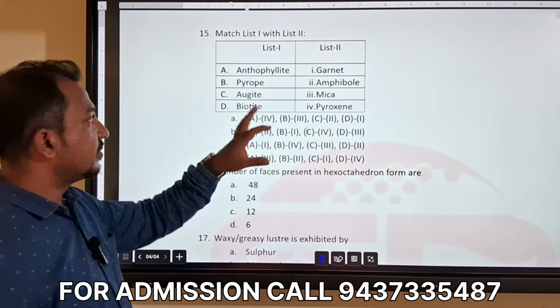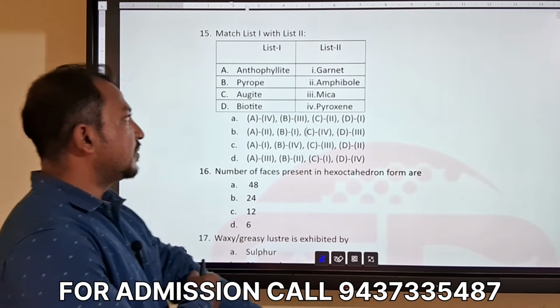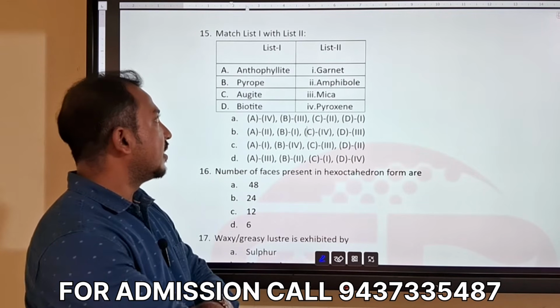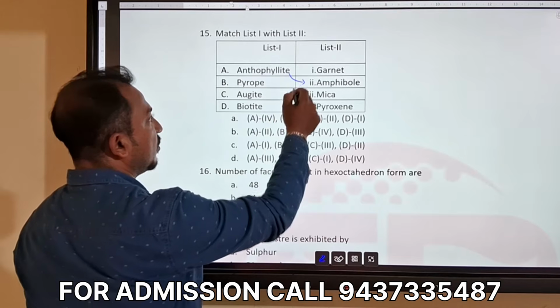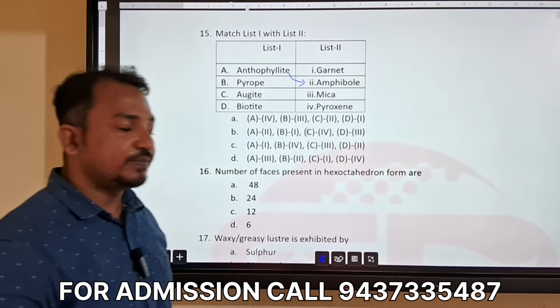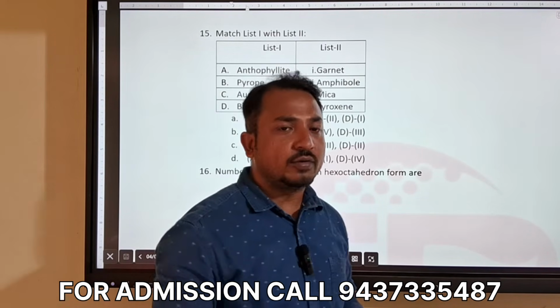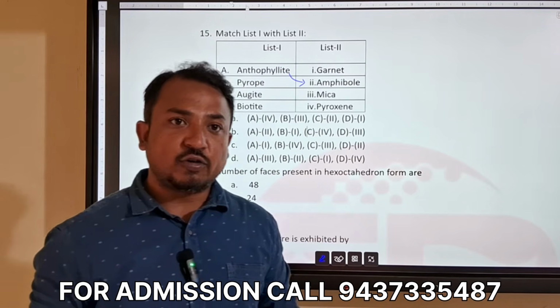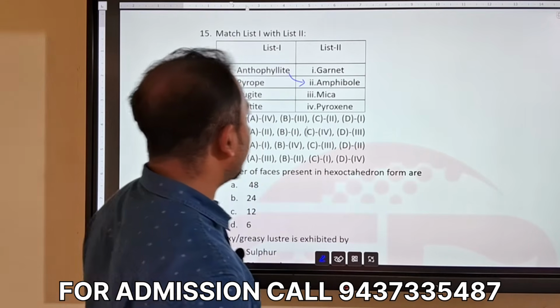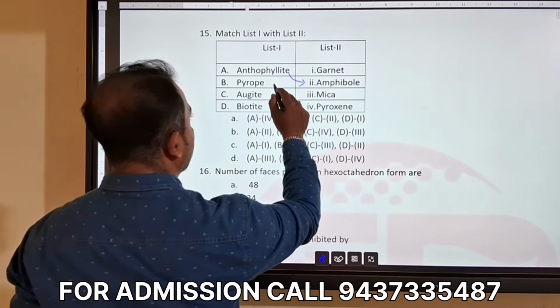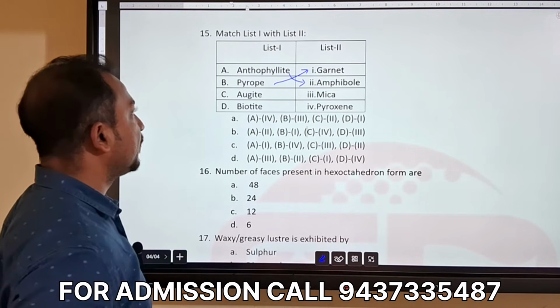Okay, next table match, that is mineral anthophyllite. Anthophyllite is a mineral that belongs to the amphibole group. Anthophyllite, cummingtonite, grunerite, tremolite, actinolite, hornblende, then glaucophane, riebeckite, they all belong to the amphibole group. Then pyrope, we have discussed this, belongs to the garnet group.